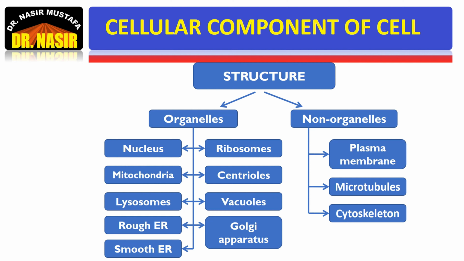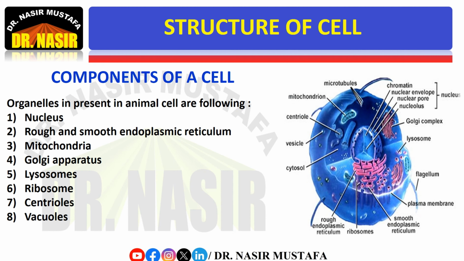Organelles involved in cell division include the nucleus, which houses DNA, and the centrosome with its centrioles, important for cell division, and vacuoles, which store nutrients and waste products.